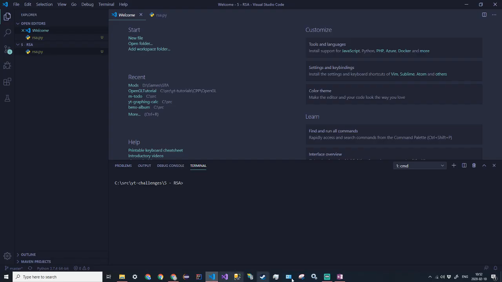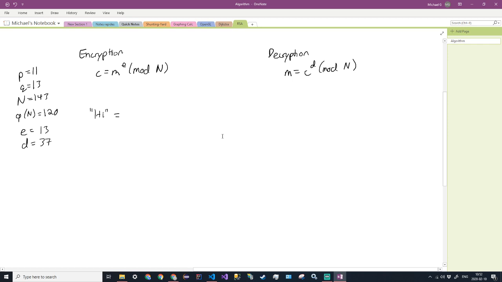So it becomes 72, 105. So when we encrypt, we're going to get C at 0 is equal to 72 to the 13 mod N, which is 143.